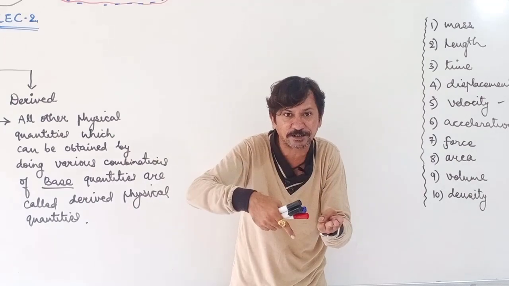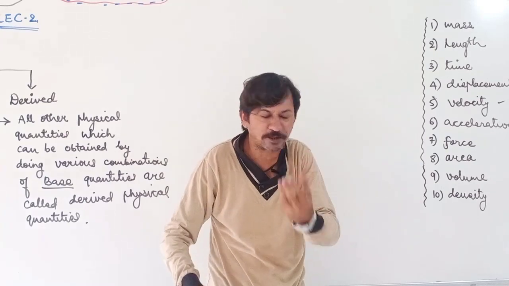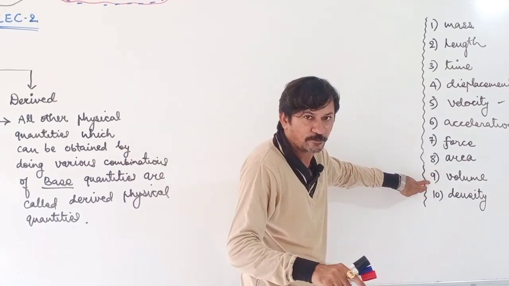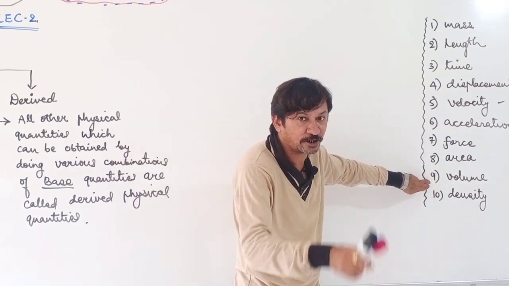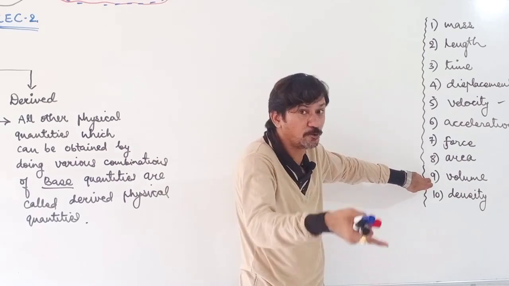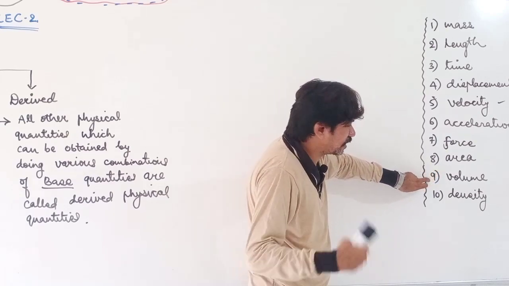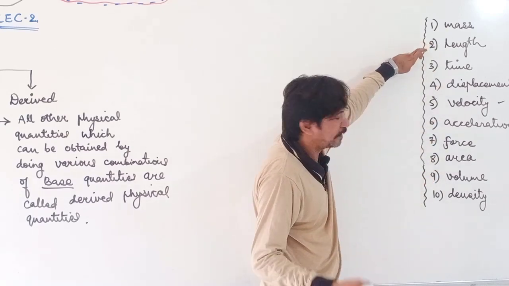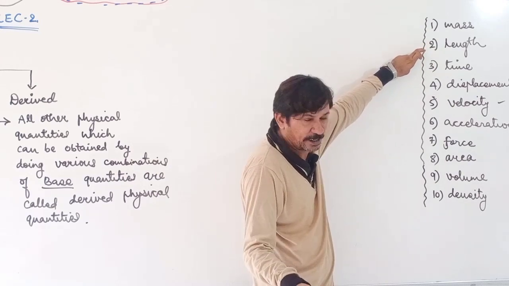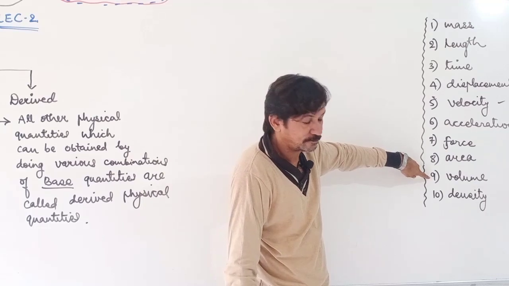It means they are lengths. All the 3 are lengths. In simple words you can say that volume is length into length into length. It's length cube, or cube of length. So volume requires length as fundamental quantity, hence length again is fundamental, volume is a derived.